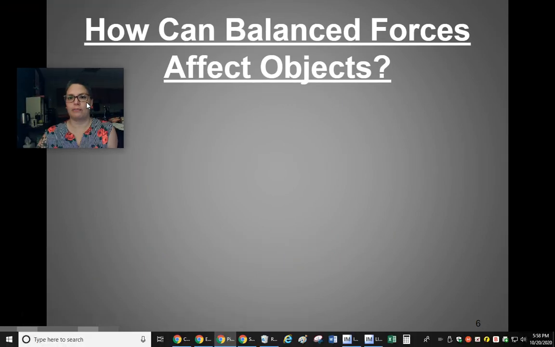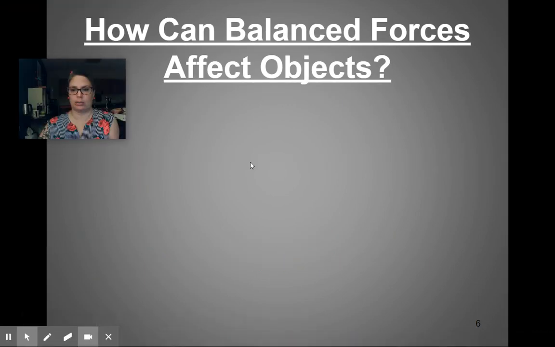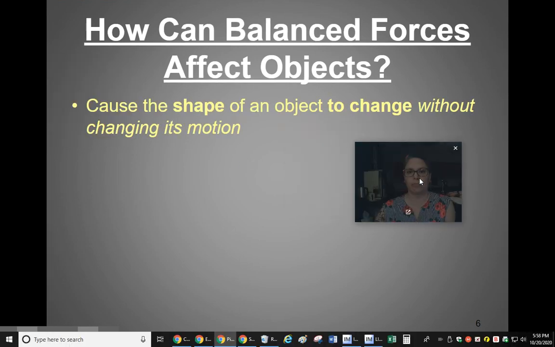How can balanced forces affect objects? They can cause the shape of an object to change without changing its motion. Same thing I just talked about with the car and the compactor. The car's not moving anywhere, but the forces are causing it to change its shape.